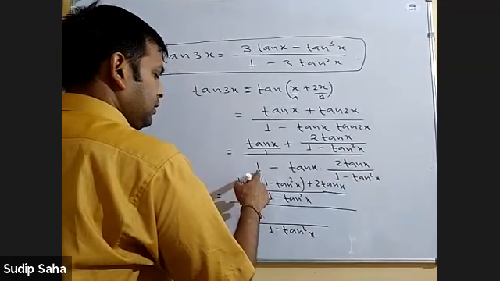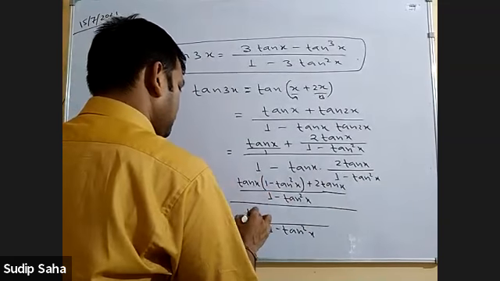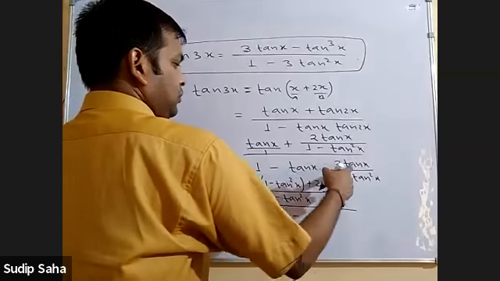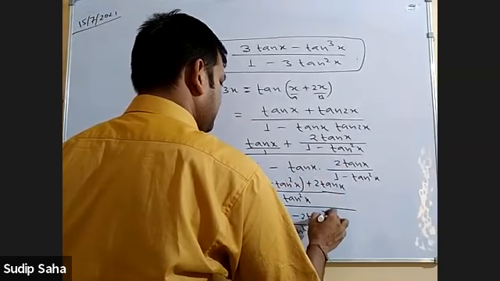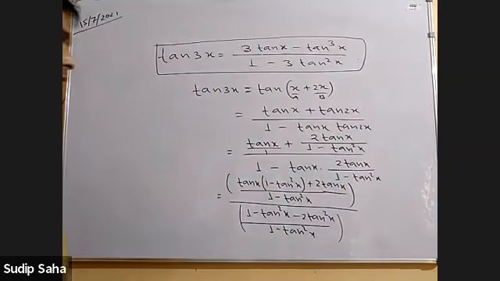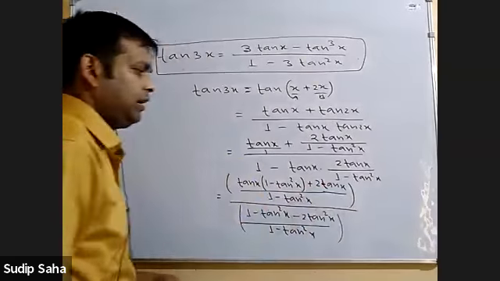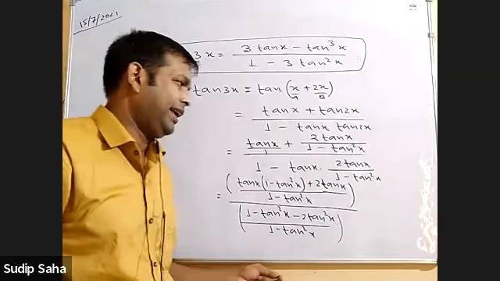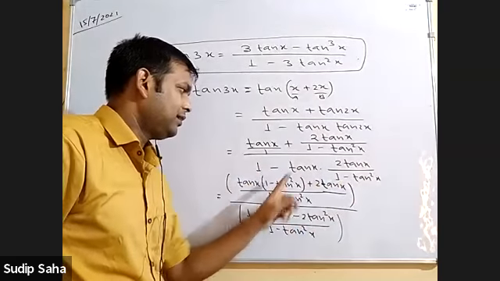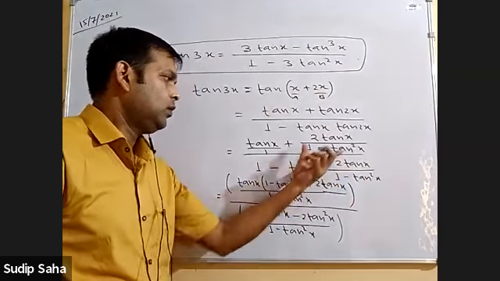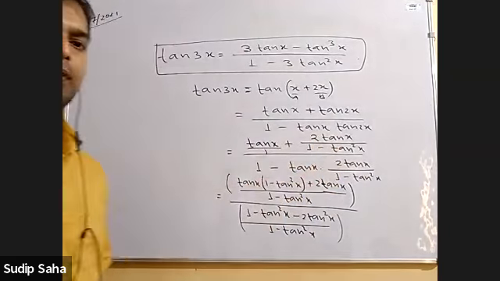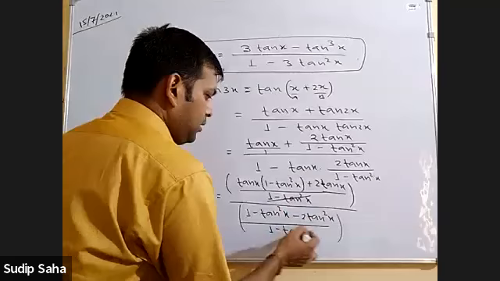This into 1 is 1, 1 minus tan x into 2 tan x, 2 tan square x. If anyone has a doubt, you can ask me. Simply I took the LCM 1 minus tan square x. It is 1 into this, then minus tan x into 2 tan x. 1 minus tan square x LCM, this into tan x plus itself 2 tan x. So this denominator gets cancelled.